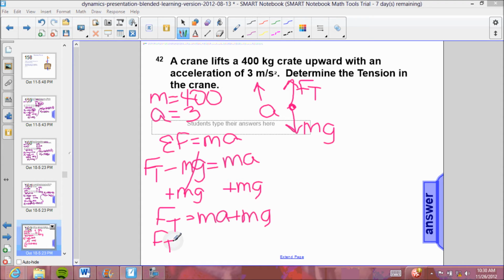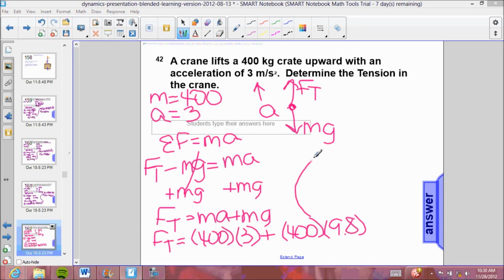When we plug our numbers in, that's going to be 400 times 3 plus 400 times 9.8, which will give us 1200 plus 3920.